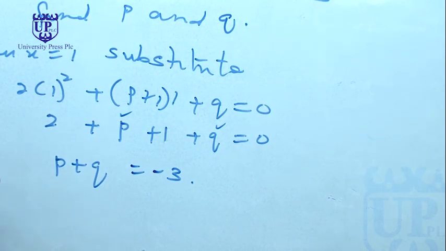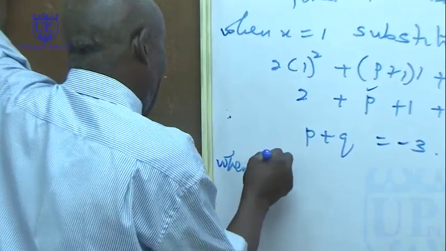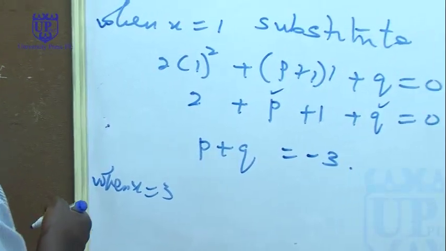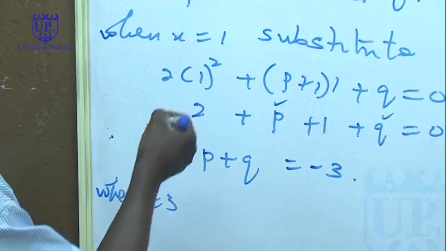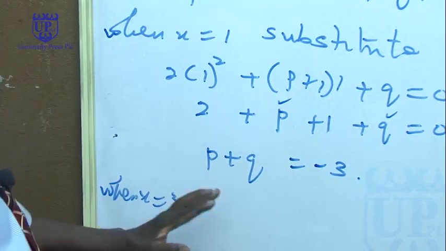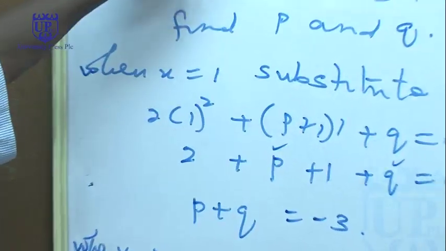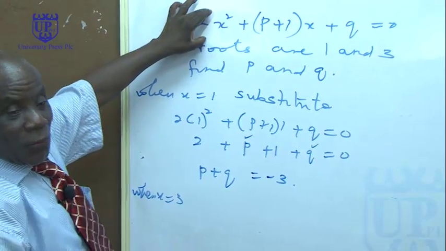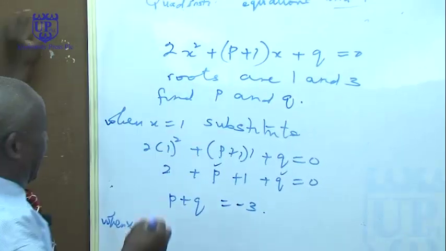Then when x is 3, you substitute for x because the value of x is one of the roots, and it is 3.